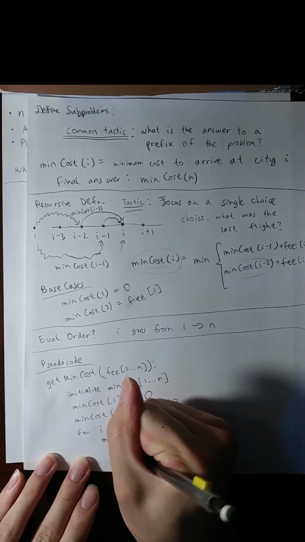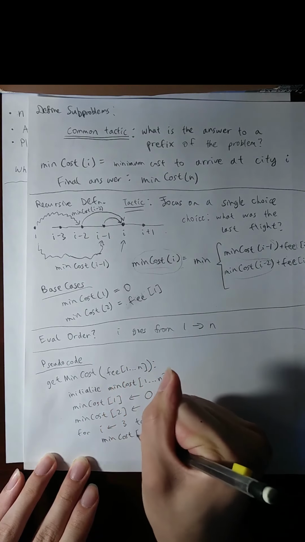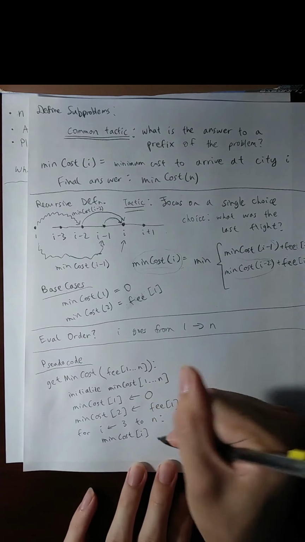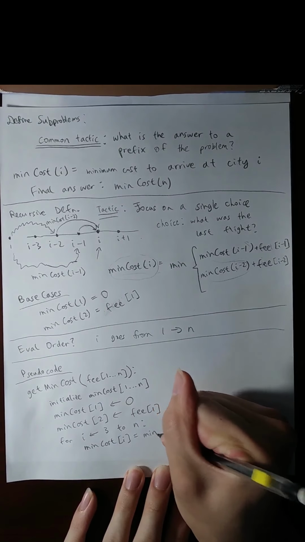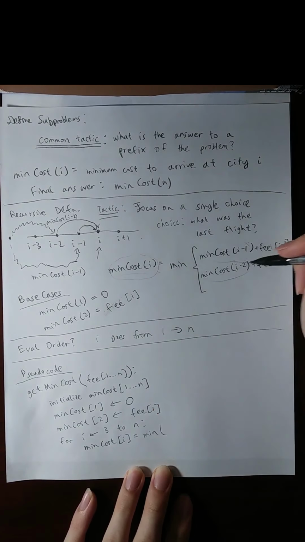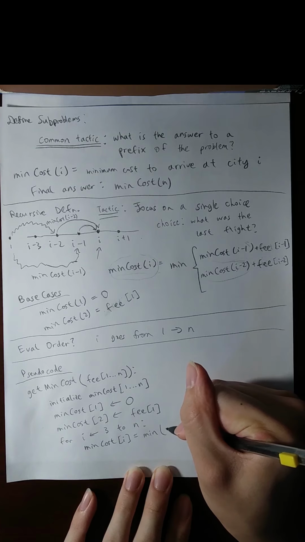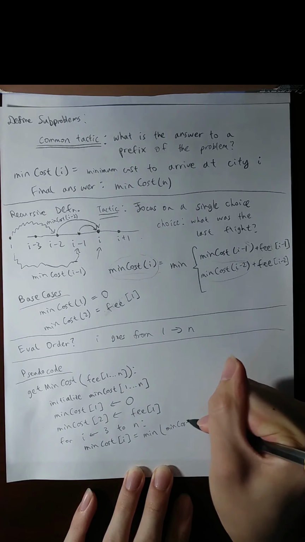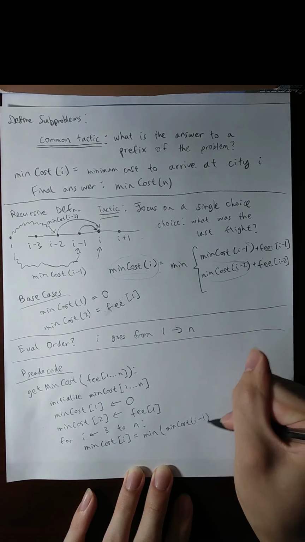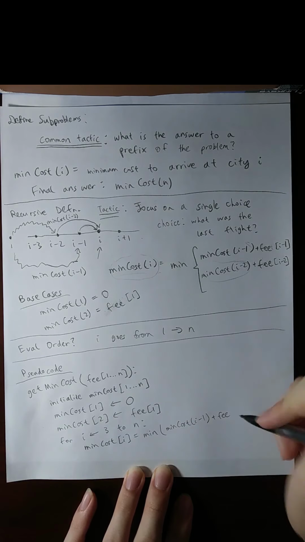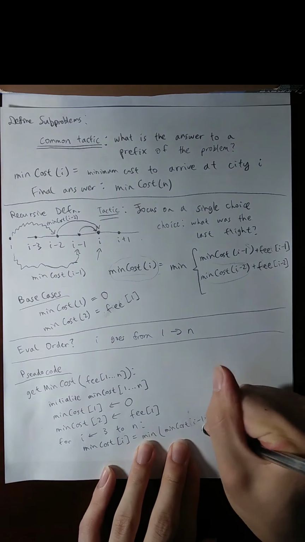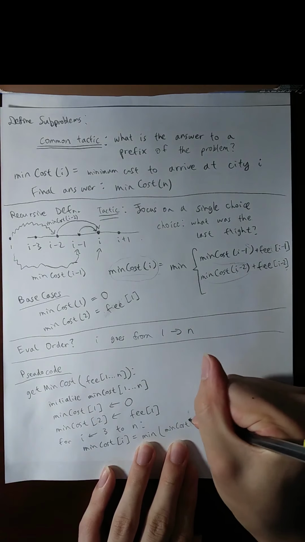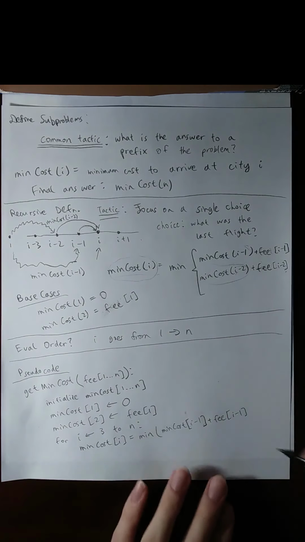we have min cost I equals the min of these two things. Alright, these should be square brackets because we're storing the results in an array and it's no longer calling a function recursively anymore.